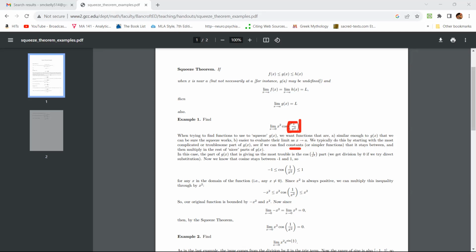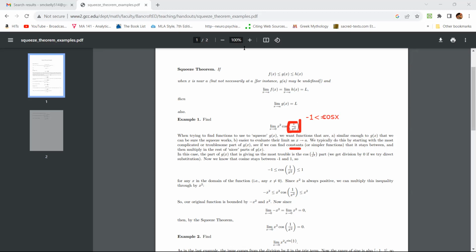But if we start with this, we know something about cosine x. This is where we draw on our trig knowledge. What do we know about cosine x? We know that cosine x is between -1 and 1, don't we?